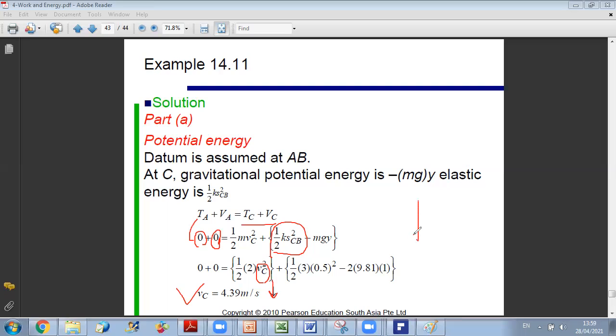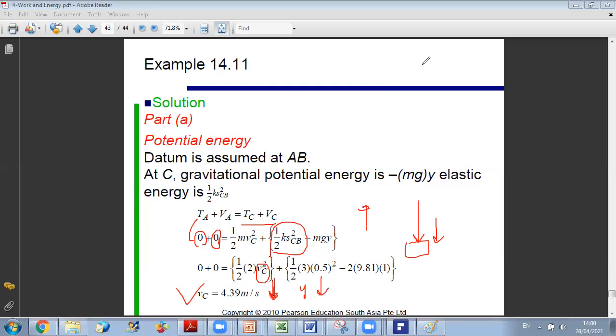Because I am moving down. At point C, since I'm moving down, the velocity is oriented downward. So if you have y positive downward, then your velocity is positive, whereas if you choose y upward, then you should select the negative solution for Vc.